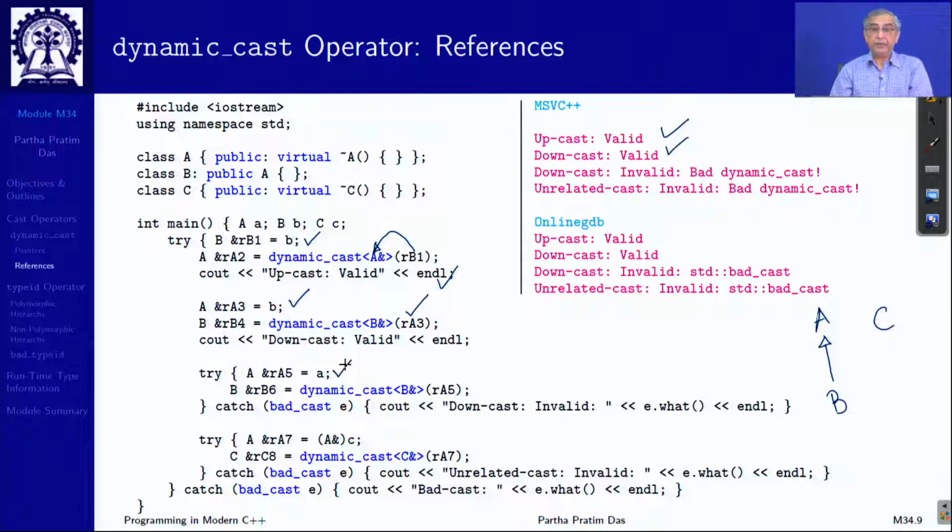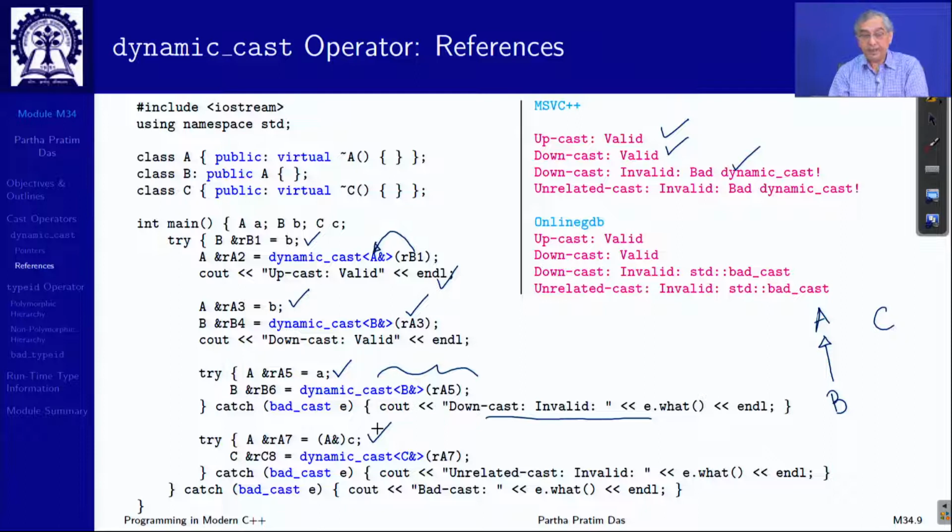I have an A type reference to an A type object, and I try to downcast it to a B type, which is wrong, because the actual object is of A type. The reference is actually to an A type object. So, this is an invalid downcast. So, I get a message like bad dynamic cast.